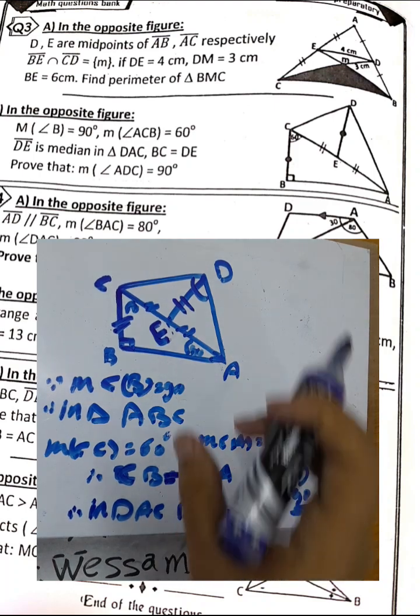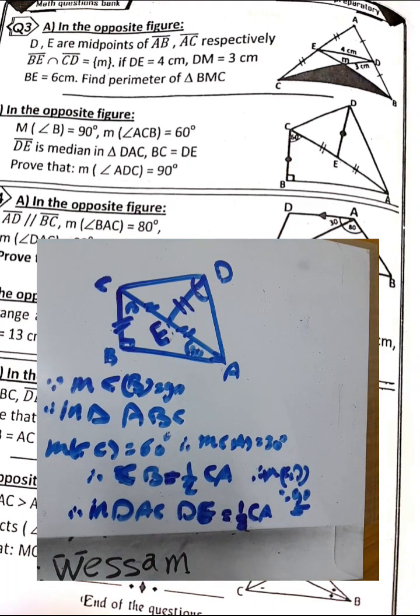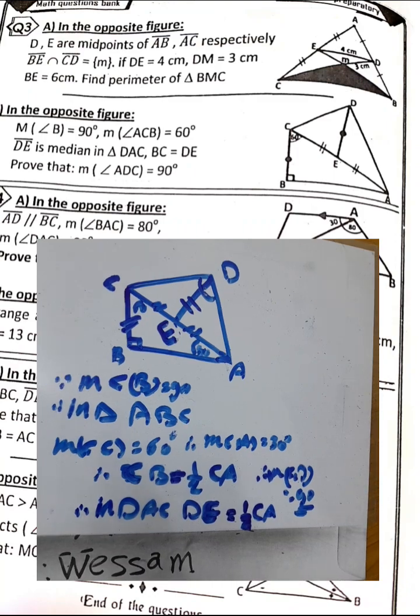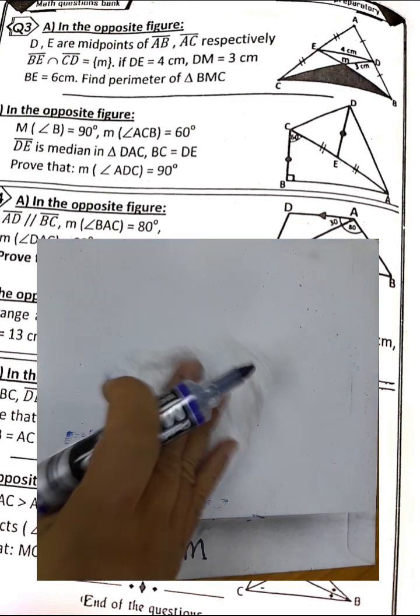The vertex of this triangle will be a right angle. Okay, next example.